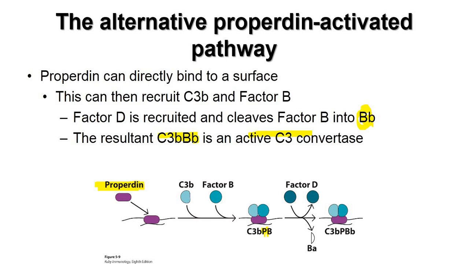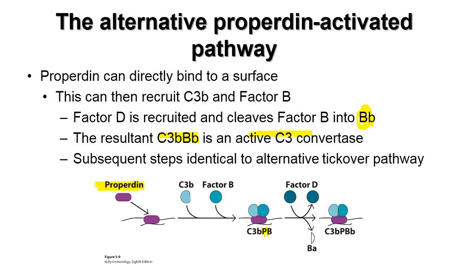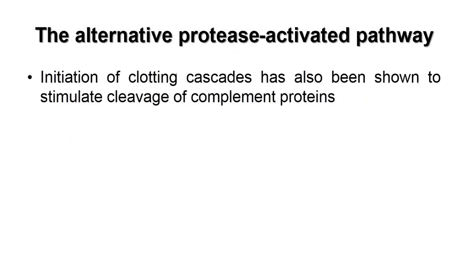The next part of the story is the alternative protease-activated pathway. It's a very recent topic that has come. Initiation of clotting cascades has been shown to stimulate cleavage of complement proteins.